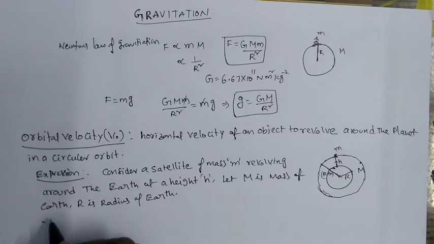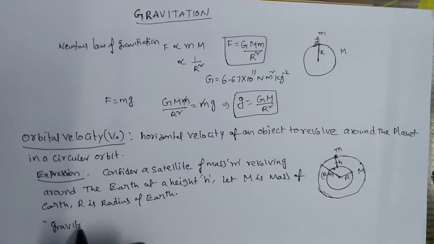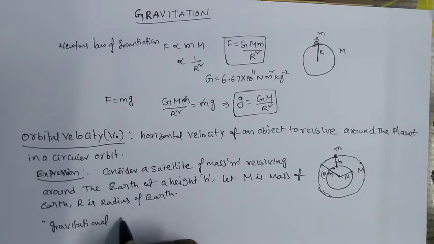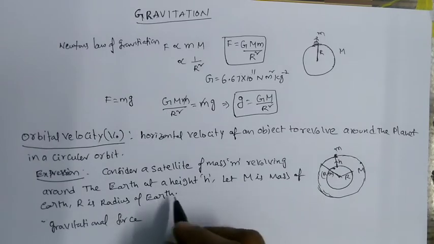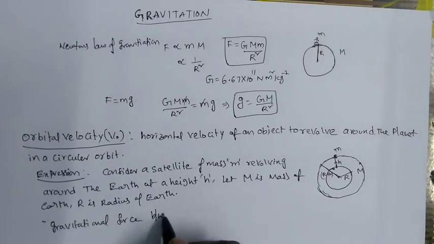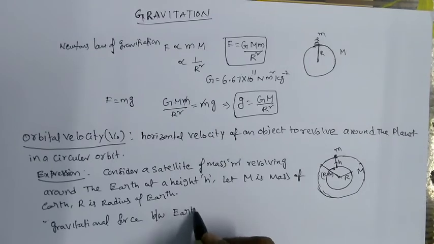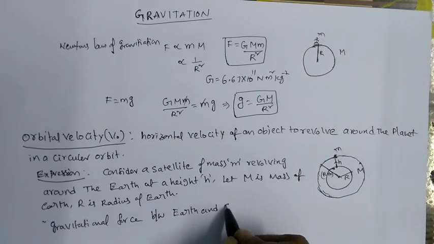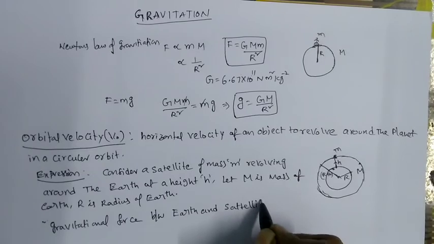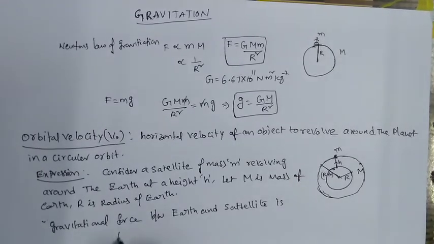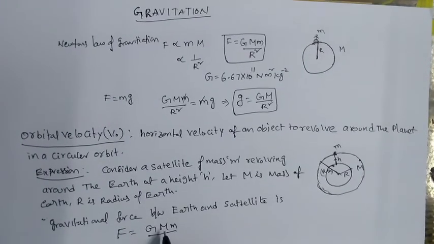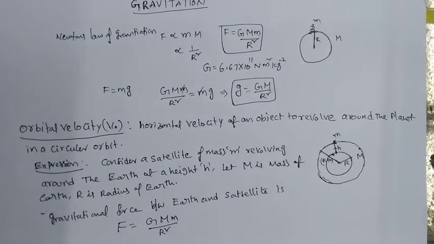According to Newton's law of gravitation, the gravitational force between Earth and satellite is, as you know the formula, F is equal to G capital M small m by R square. This is the formula for the gravitational force.